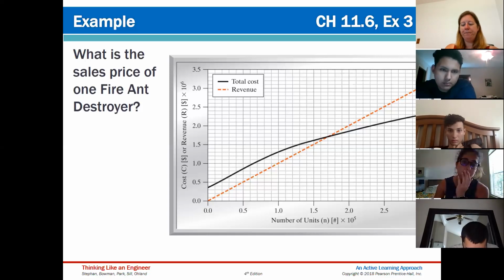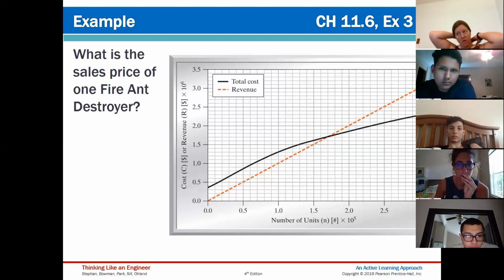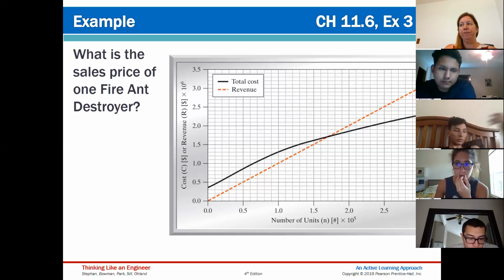What are we looking at? Total cost minus the revenue at 0.1. So we're looking at what the sales price of our fire ant destroyer is. We are looking at the slope of our revenue line, which tells us what our selling price is. So what is the slope of that orange dotted line?